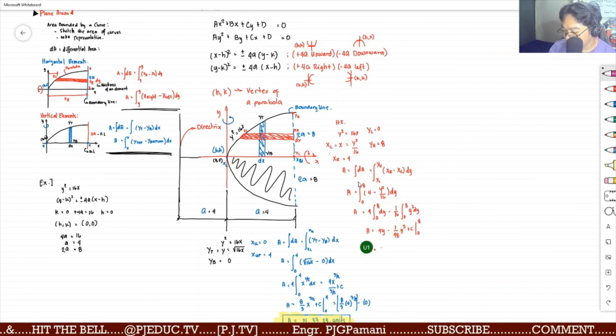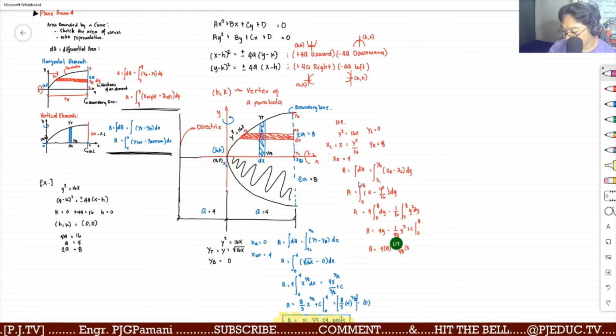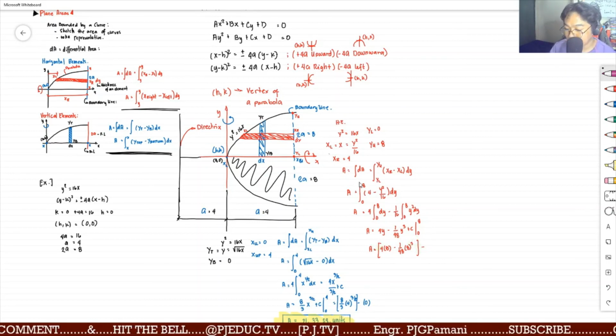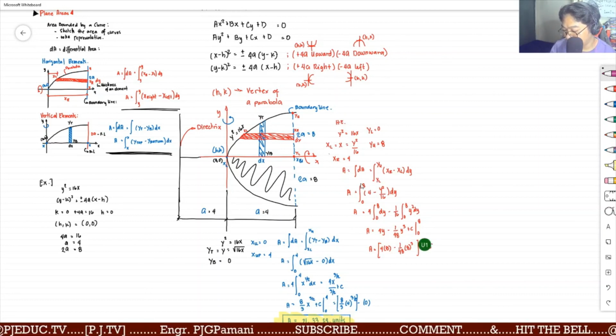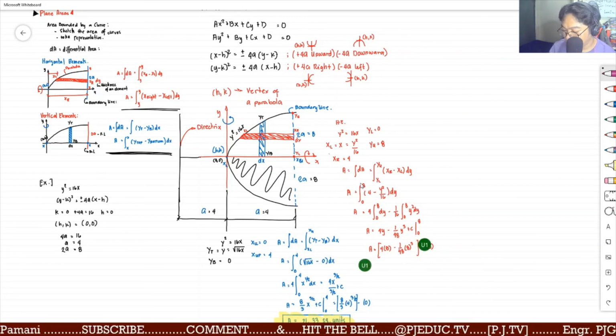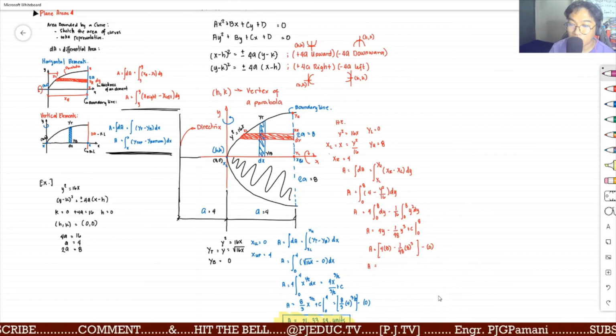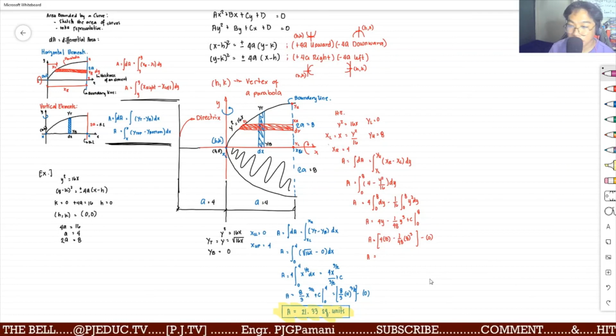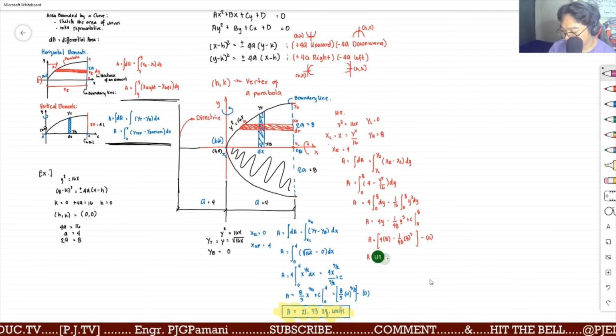A is equal to 4 times 8 minus 1 over 48 times 8 raised to 3 minus 0 times 4, substitute lang natin, 0 times 4 is 0, minus 1 over 48, 0 cube is also 0. So that is 0. A, or the area now, is simply equal to also 21.33 square units.